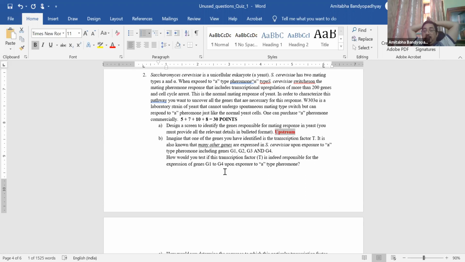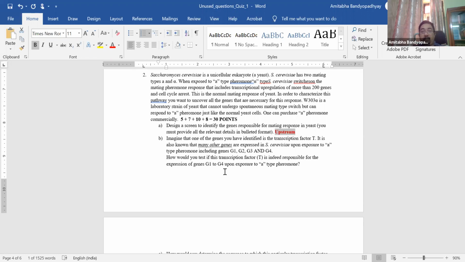So what is an easily noticeable outcome of the mating response? So there is a mating type switch, or... How would you determine the mating type has switched? Read the second sentence again.